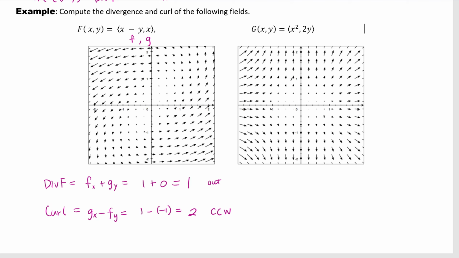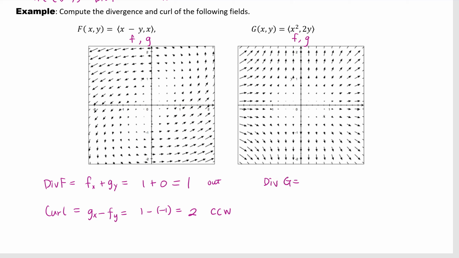Alright, let's continue. You can see they are constant numbers, which means at any given point, the divergence and the curl are going to be the same. So divergence is 1, curl is 2. Continue. This is f, g.